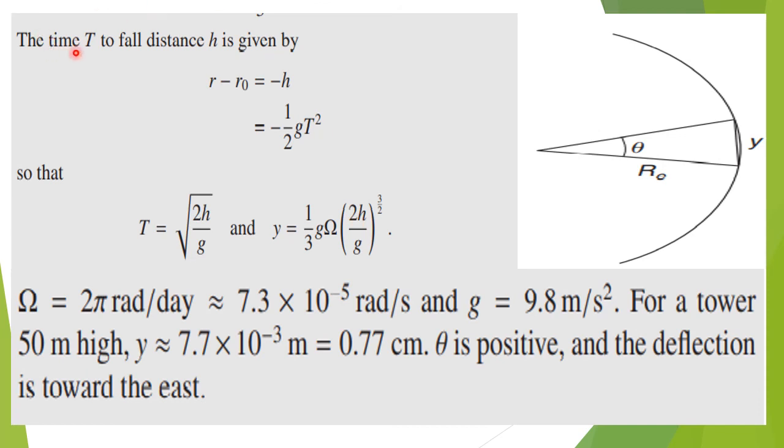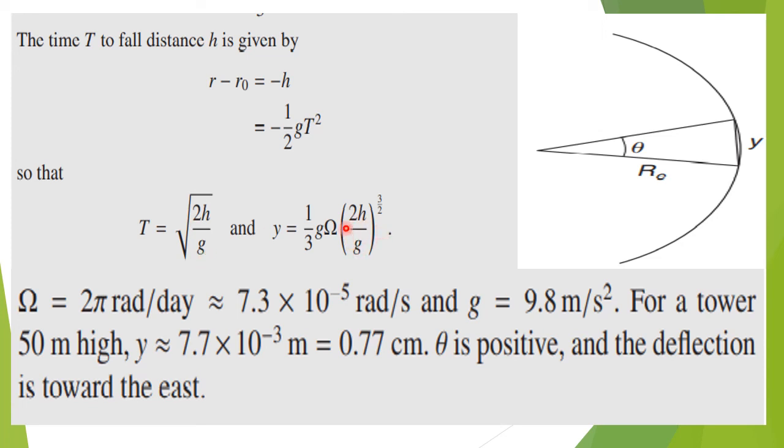Now let t be the time to fall the distance h. We know that r minus r0 is equal to minus h, which is equal to minus half g t². This comes from Newton's equation of motion, s is equal to ut plus half at². From this, equating the two, the time of fall t is root 2h by g.